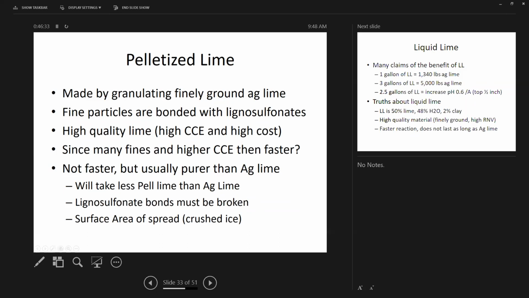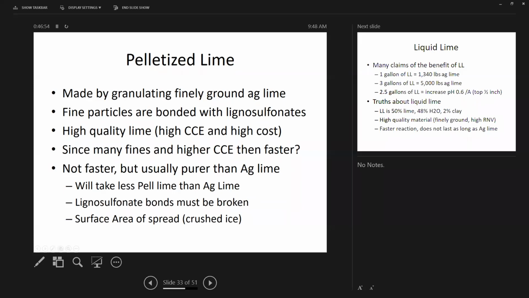So $21 an acre spread versus $300 an acre, and you get to spread it. It's usually not going to be faster because you have to break down this lignosulfonate bond, and that's going to take time. And then another thing, how good of a coverage am I getting?